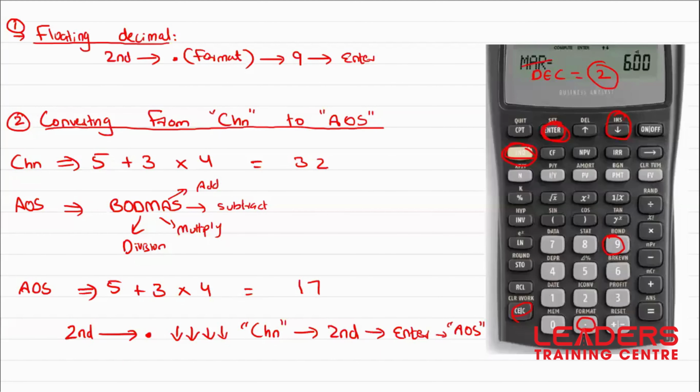Now, once you change the mode from chain to AOS, you still need to be a little careful while using the calculator. Let's suppose I'm doing this calculation, which is 5 plus 3 times 4, and all this divided by 2. If I put this in the calculator by pressing 5, adding 3, multiplying by 4, and then dividing by 2, here is the problem.